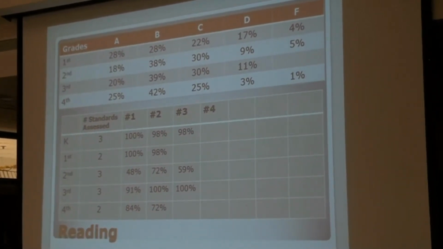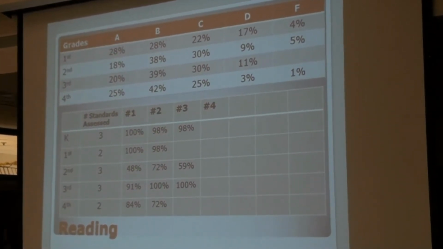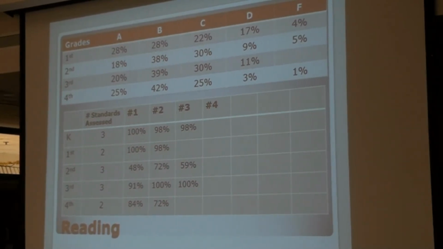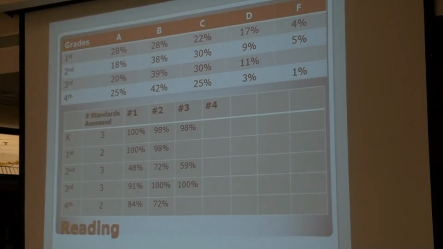So as I look at this reading one here, it's only alarming to me in second grade. After given instruction in those 3 power standards, wow, we're still struggling a whole bunch with some things.